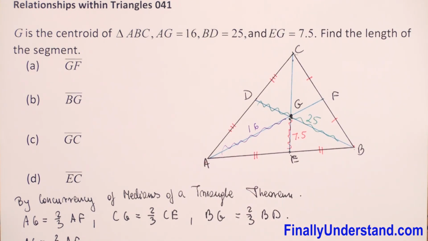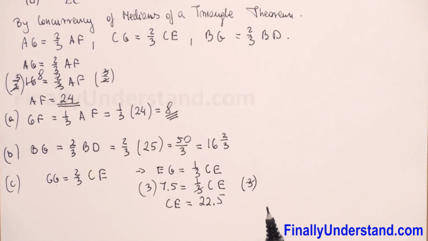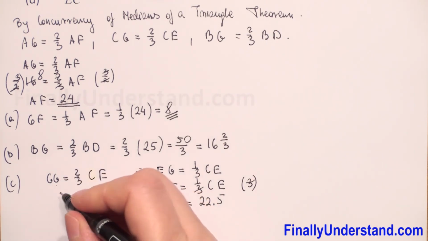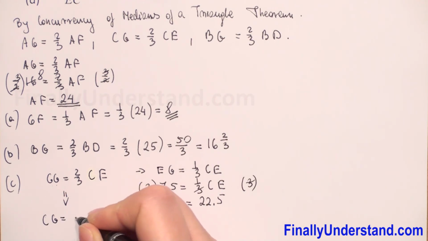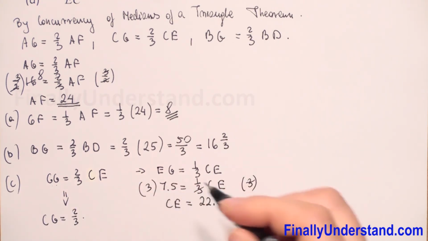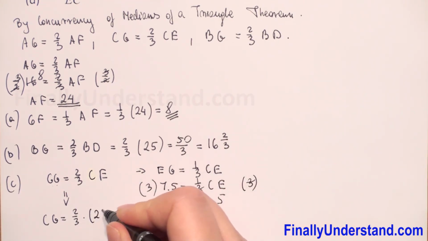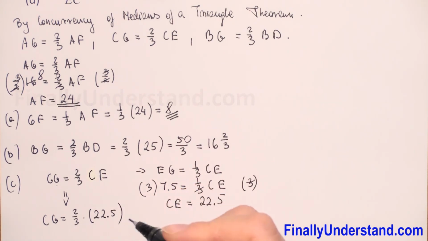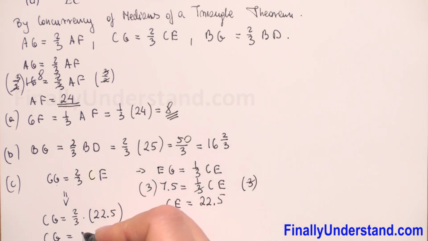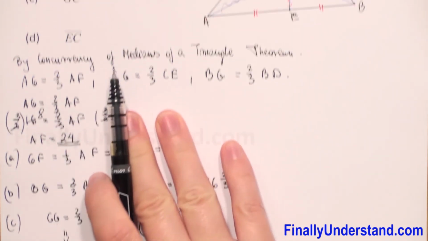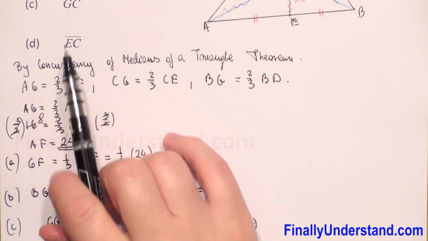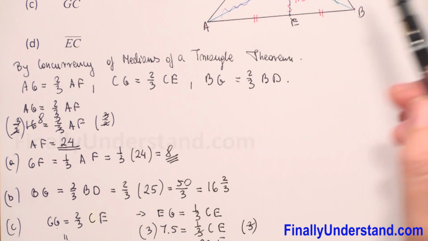We have CE, so now we will have that CG is equal 2/3 times CE, 22.5. So CG is equal 15. So we have C, solution to C.